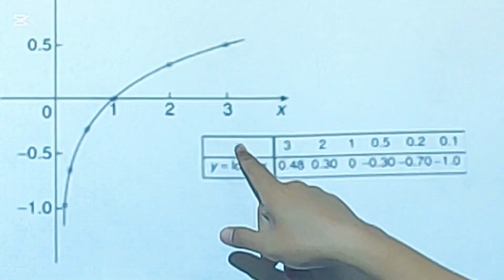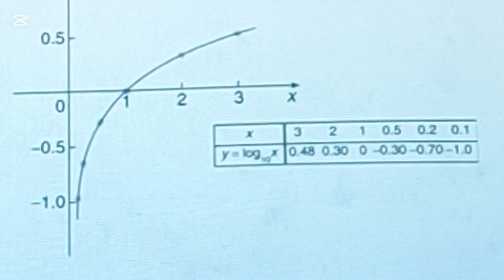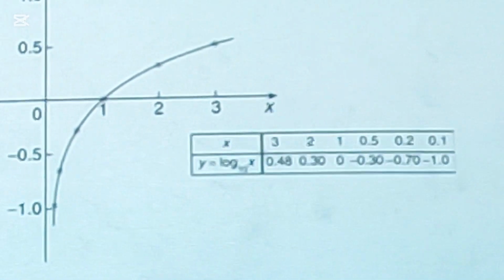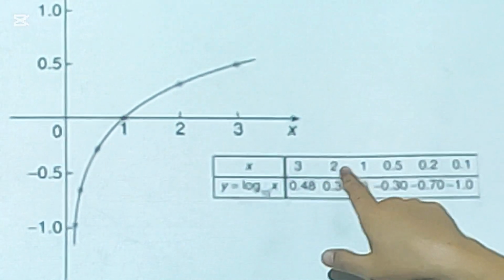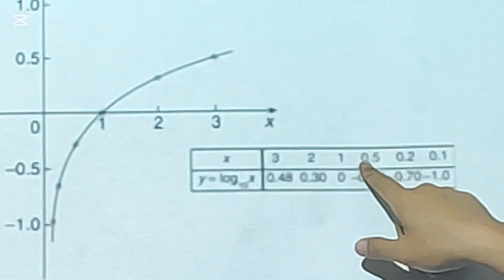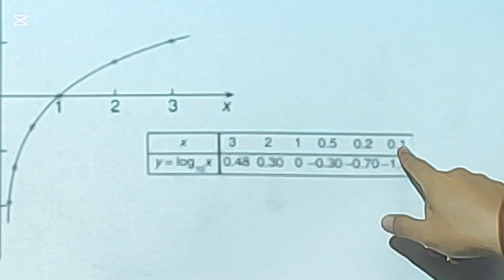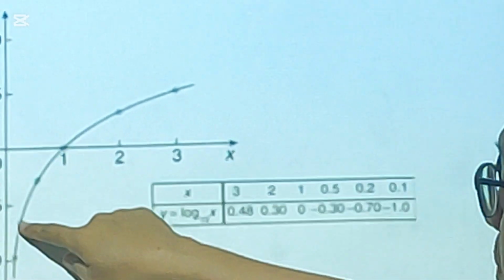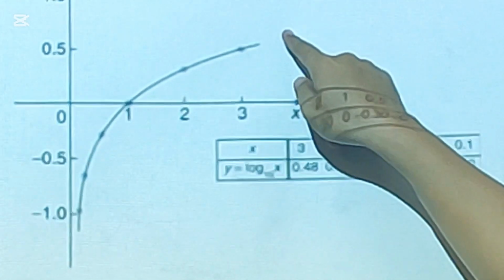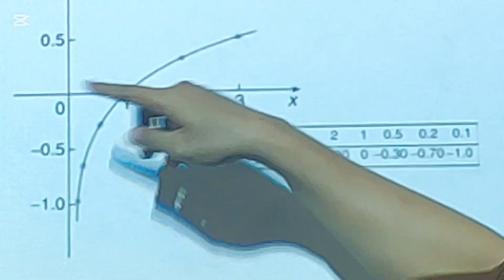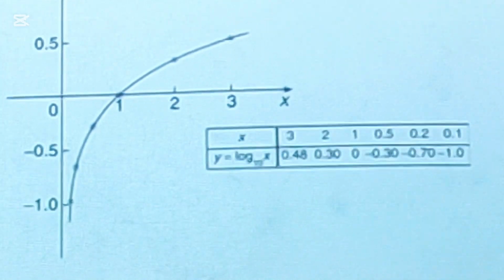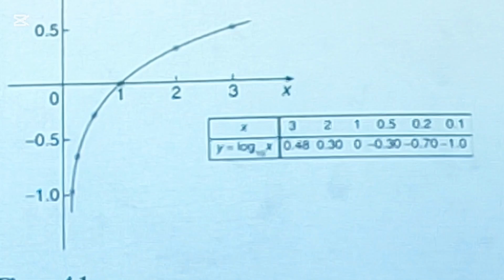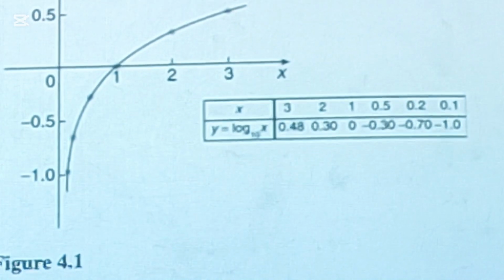For example, if x equal to 0, log 0 will be very small. And x equal to 0.9, 0.2, 0.1, 1, 2, 3. So the results you can plot as dots, and you can connect each dot with a continuous line. So this will become the graph of the logarithmic function.